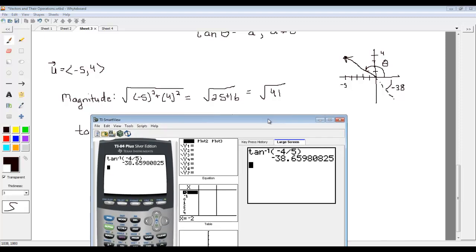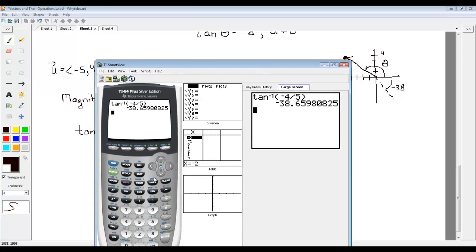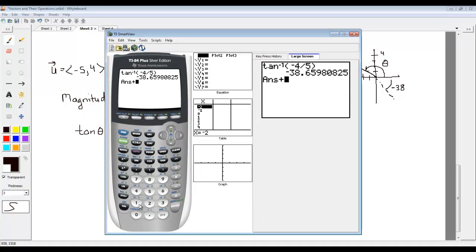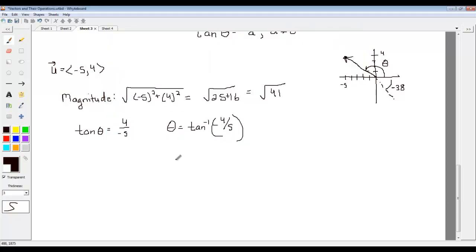So let's take the calculator and add 180 to get the correct quadrant here. And we get around 141.3 degrees. So we have to be careful and watch for our quadrants and make sure it's a positive theta. But there you go. That's the magnitude and direction angle for that position vector.